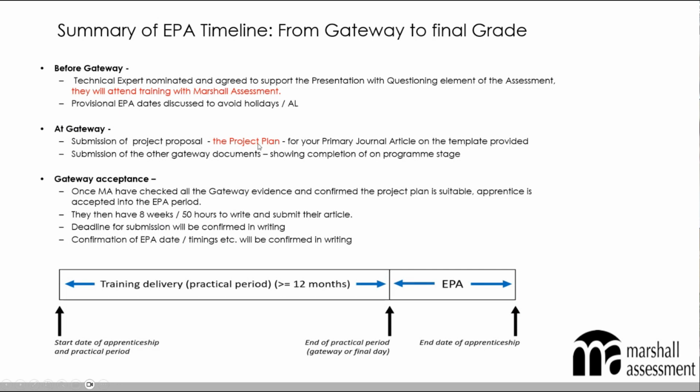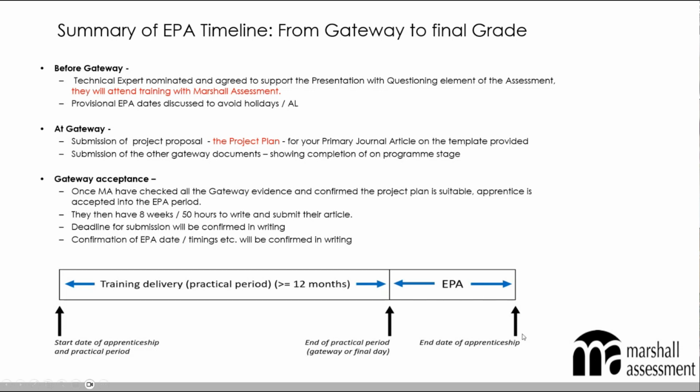And then what we need at Gateway as an assessment organisation is that project plan pro forma that we briefly touched on earlier. That project plan is submitted at Gateway, and then the rest of the documents will be managed by us and Lucy and her team, and signed off in some cases by the technical expert. There'll be a bunch of documents that need to be signed, which are evidence that the learner has achieved all of the KSBs and the rest of the on-programme requirements.